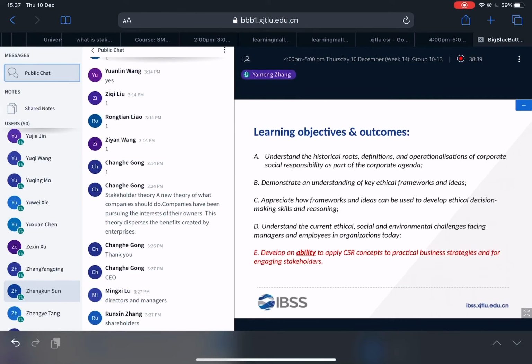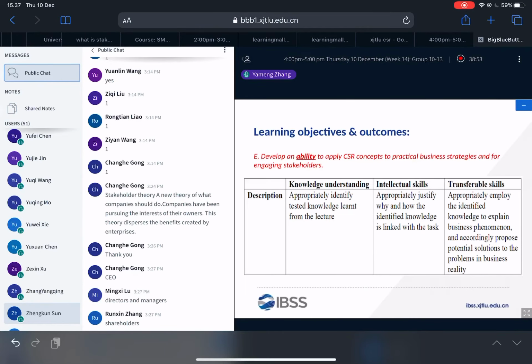Okay, so back to our learning outcomes and objectives, what I highlighted here is to develop the ability to apply CSR concepts to practice business strategy. So for our final coursework, we are testing students' ability to use knowledge, but not the knowledge itself.